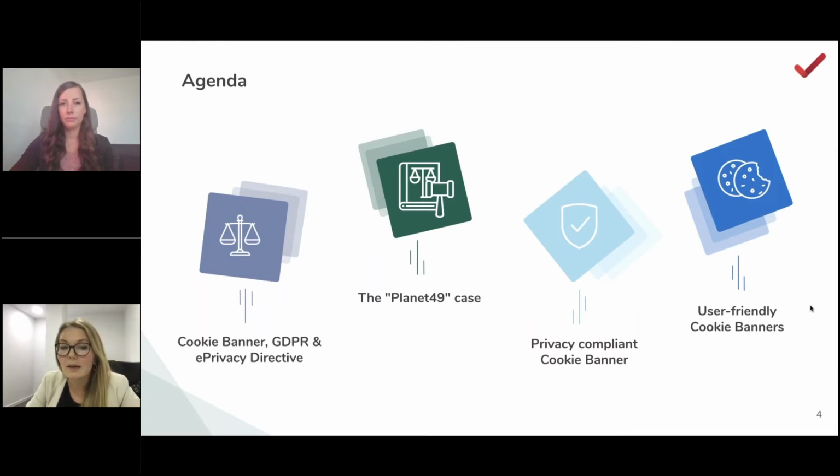Then we will look a bit more closely at the Planet 49 case, and Lisa will run us through that with her legal understanding and explain very well what it means, what was decided, and what that means for you. Afterwards, we will look at what a privacy compliant cookie banner has to entail and also how this is built up. And finally, I will talk a little bit about the topic of user friendliness. How can you combine both? How can you have a cookie banner that is legally sound but still user-friendly, and how can you optimize it for your website?